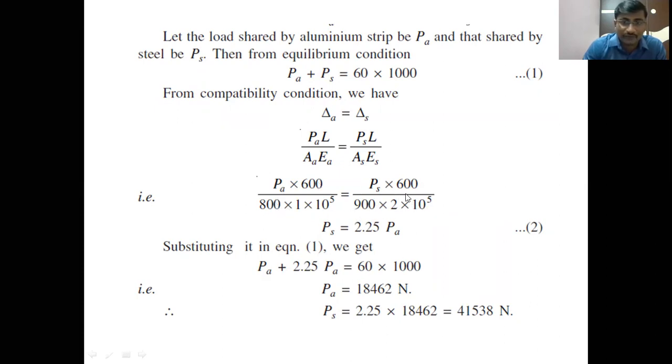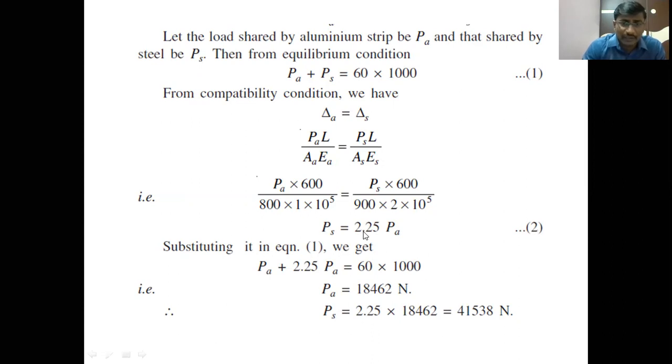The length of steel is also 600 mm, equal for both materials. Upon substitution of all the parameters, we get the load shared by the steel in terms of the load shared by the aluminium. 600 and 10 to the power of 5 can be cancelled. So PS is equal to PA into 2 into 900 by 800, that is 2.25 PA. This is the second equation from the compatibility condition.